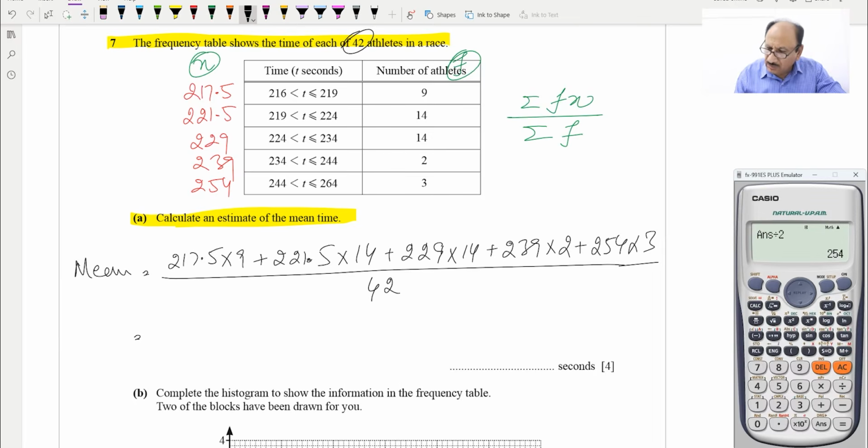We will try to finish this calculation accurately.